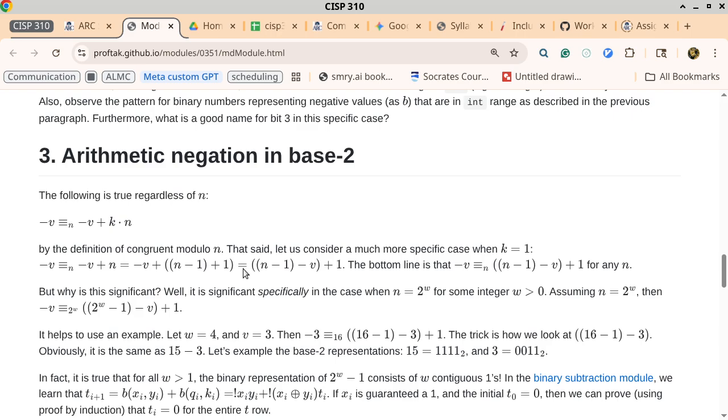Because 1 minus 0 is a 1, and no matter what this is, there's no borrow. 1 minus 1 is a 0, but since this one is guaranteed a 0 also, it cannot end up with a borrow. So there's no borrow of 1. The entire borrow row is guaranteed zeros.